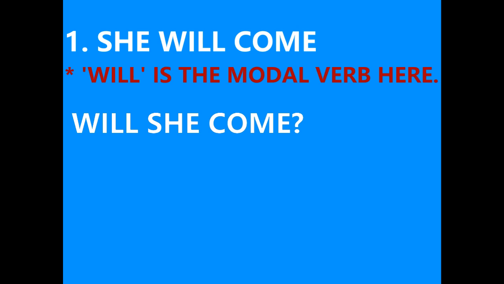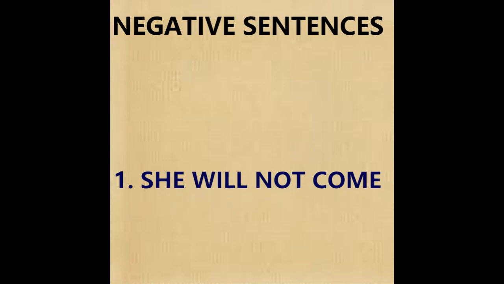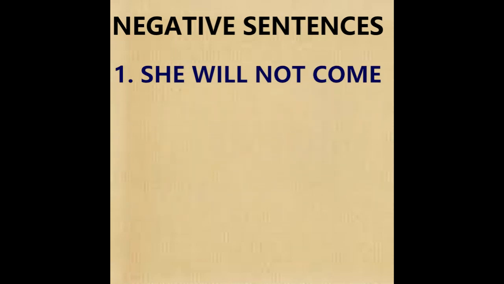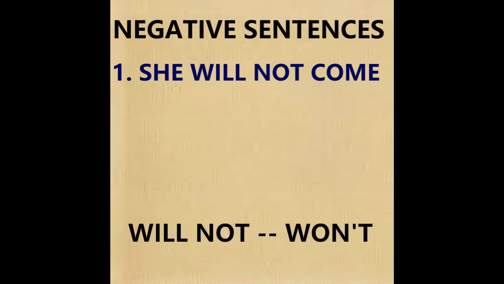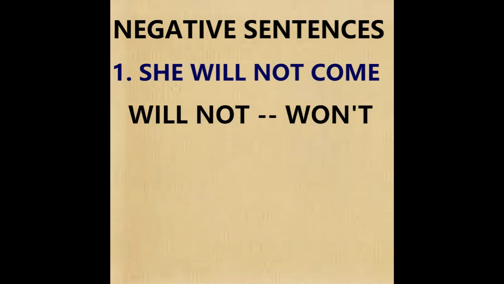Now we are going to make a negative sentence with the same sentence. She will not come. If you add not along with the modal verb, you can make it negative. Actually, for will not, we have to write the contraction. Will plus not is won't.